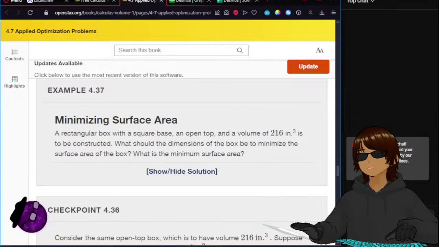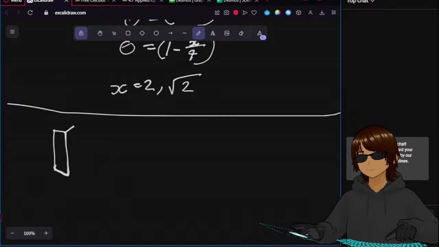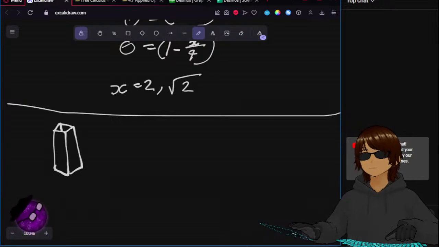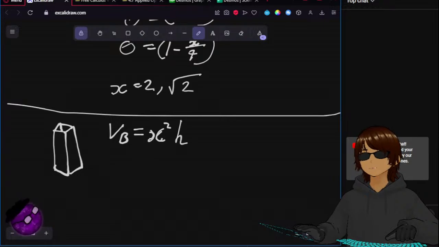So, a rectangular box with a square base. It's square from top and bottom, and it's open from here. And then the volume of the box. Let's say the size of the square is x squared, and then the height, x squared times h.